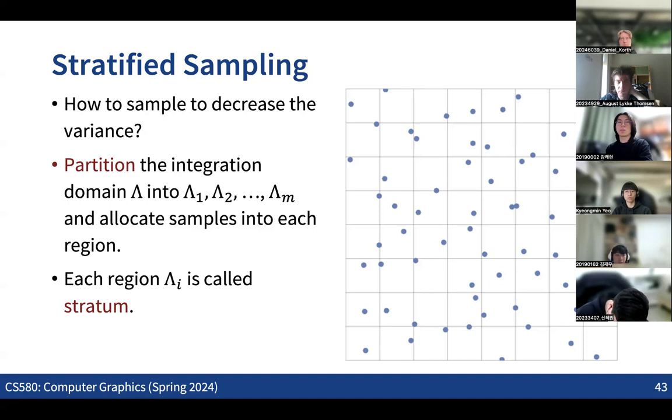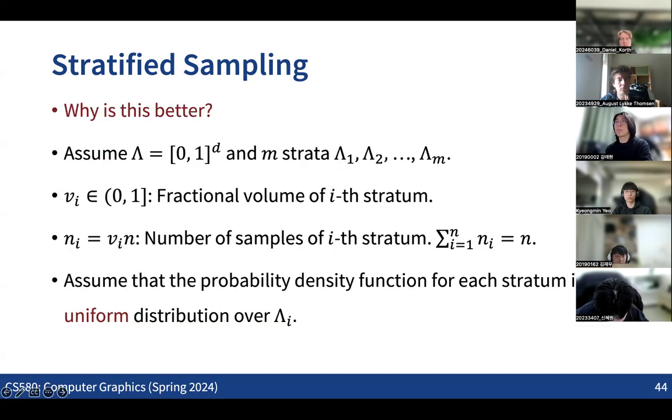Let's briefly see why stratified sampling is better at decreasing the variance. For simplicity, let's assume the domain of the interval is defined as a simple bounding box, and we have m strata, partitioning the region into non-overlapping regions.